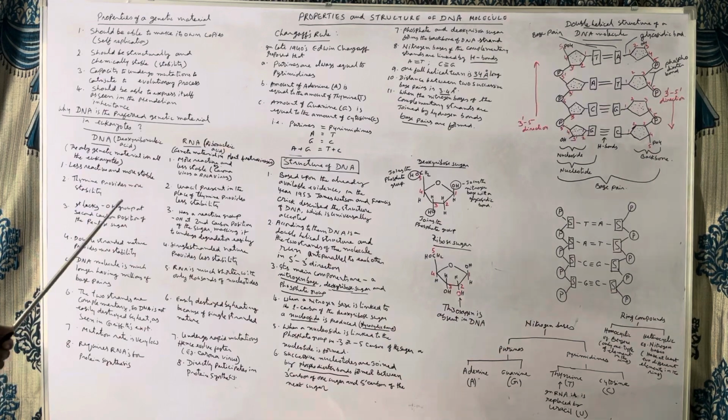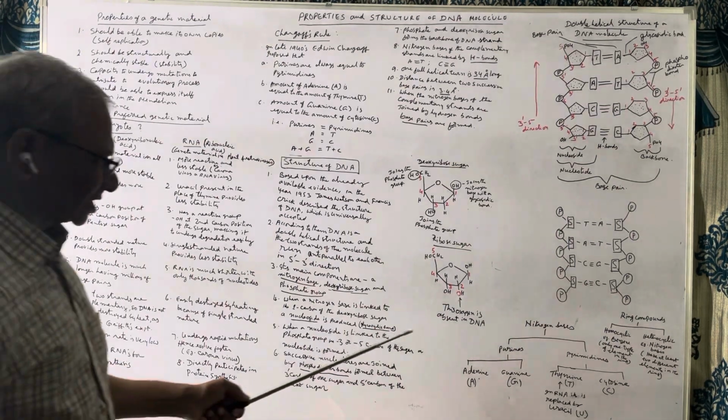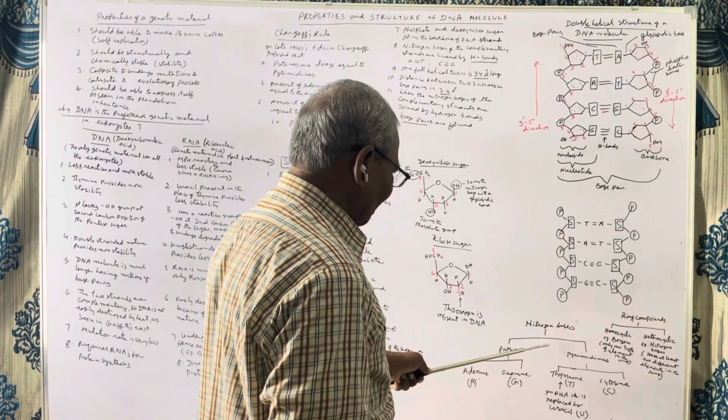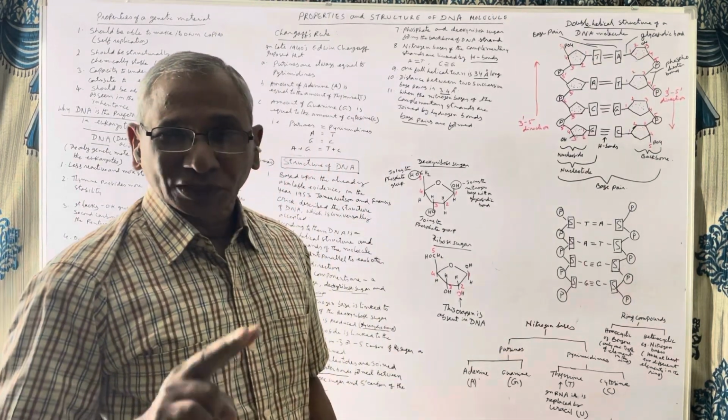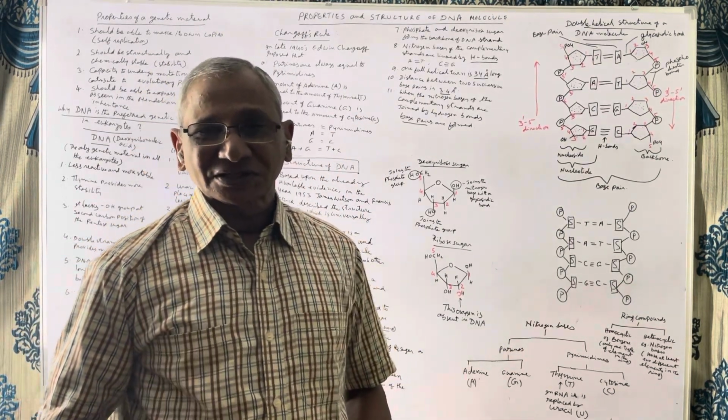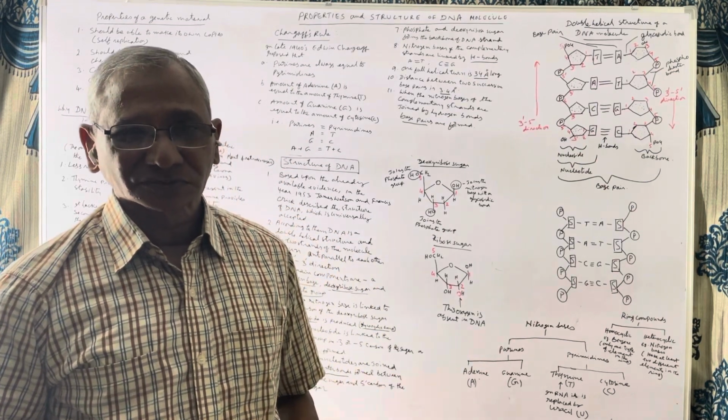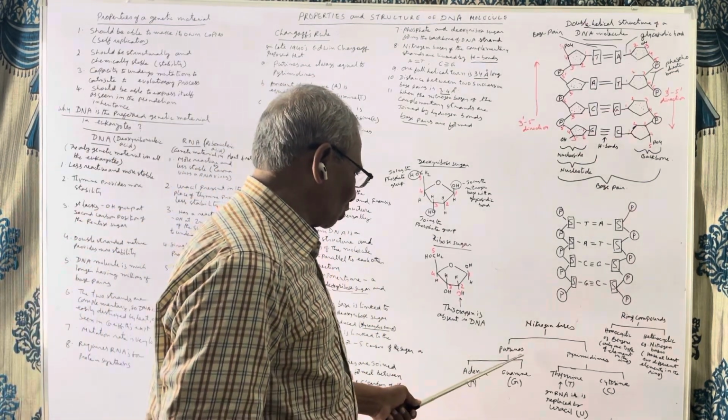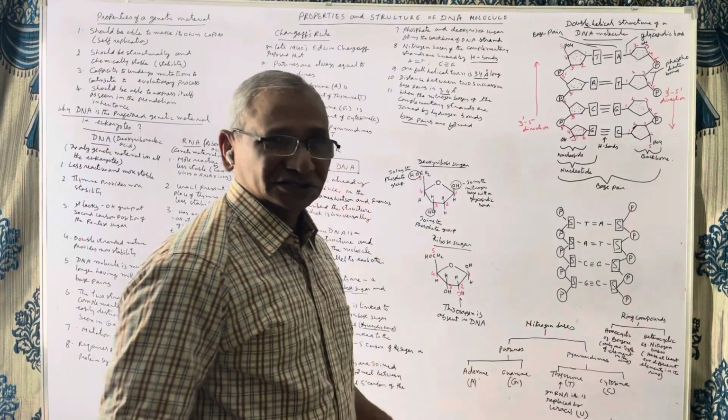Then in DNA, there is a thymine. So before that, I think I must explain these things first. There are 2 types of nitrogen bases in nucleic acids. They are known as purines and pyrimidines.